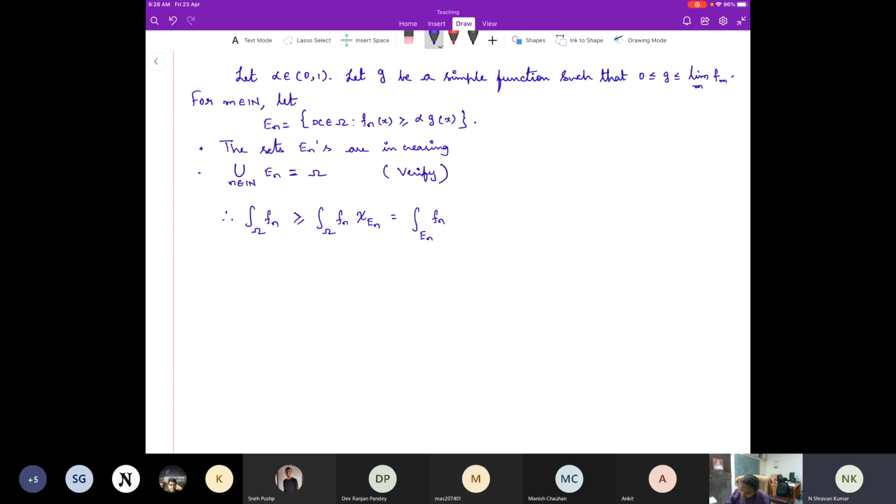Now this is the integration of f_n over the set E_n, and on E_n, f_n is bigger than or equal to alpha times g(x). Therefore, this is bigger than or equal to the integral over E_n of alpha times g, and g is a simple function, and therefore this alpha comes out. This is true for all n.